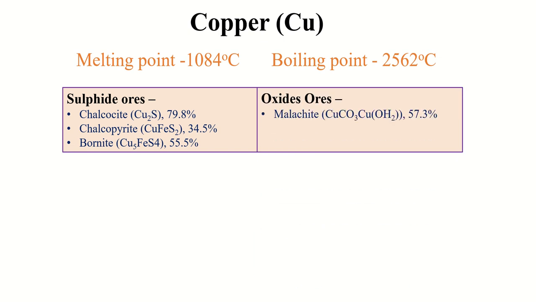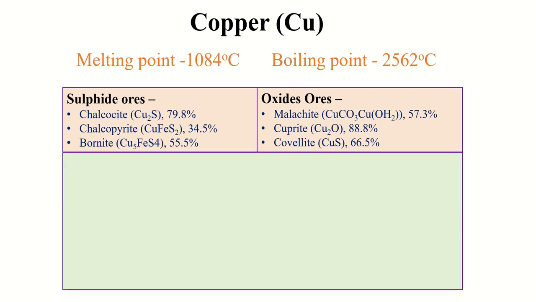Oxide ores are malachite, cuprite and covellite. These are some important ores of copper, but chalcopyrite, CuFeS2, is used frequently for the extraction of copper.